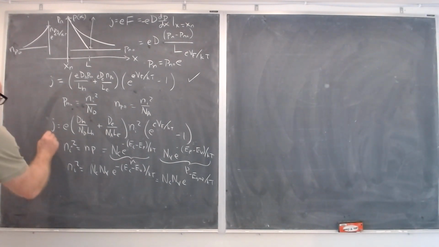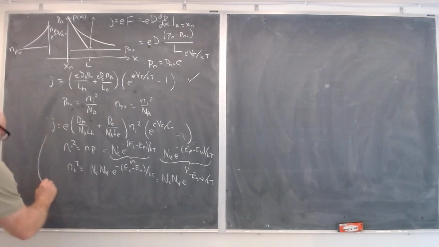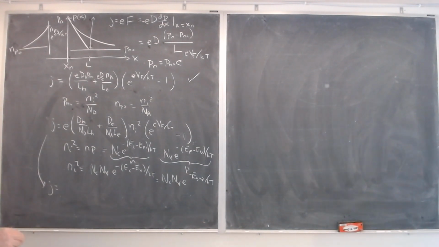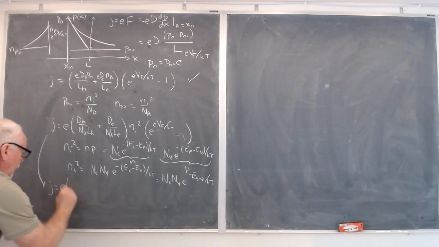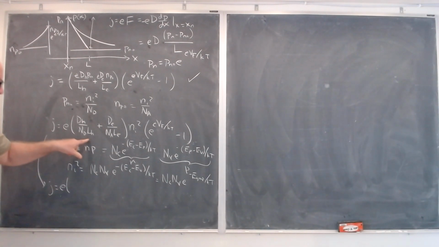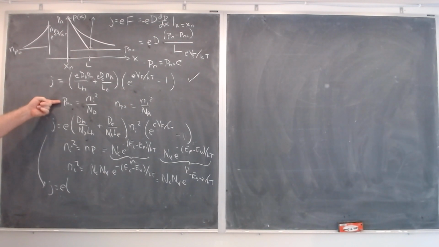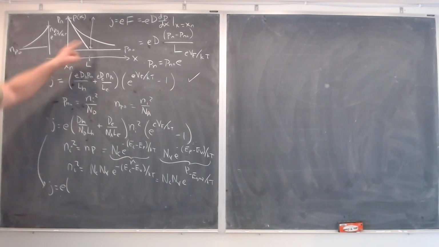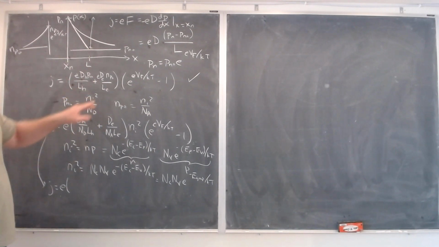So plugging that into J is equal to E. By the way, up here, I want you to notice something. When you plug in for P n0, that's why it's best to remember this, so you can always come up with this form. Because this is all holes: the diffusion coefficient for holes, the diffusion length for holes, and P n0, the equilibrium hole concentration, same thing for electrons here.